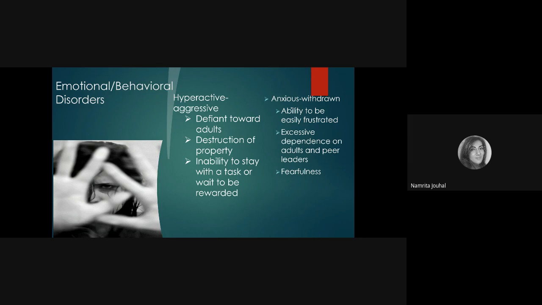Whether they have excessive dependence on the adult or the peer. Are they fearless or fearful, in the sense that they just don't want to speak because even a little voice disturbs them? Or there is the hyper aggressive child who, for no reason, if things don't go according to them, gets disturbed and destroys property.